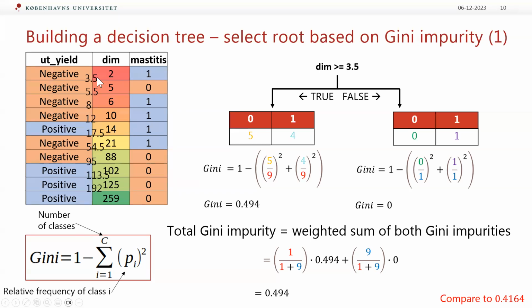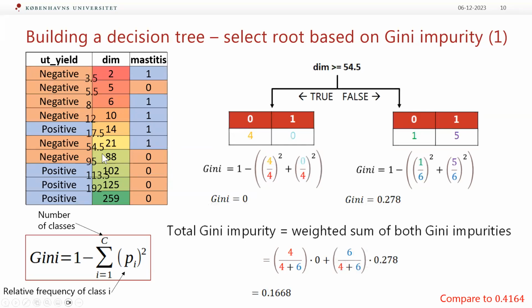We have to test each and every one of these as a splitting condition. And if you actually do that, you will find that this splitting condition down here gives us the best total Gini impurity. So we ask if Daisen milk is greater than or equal to 54.5.